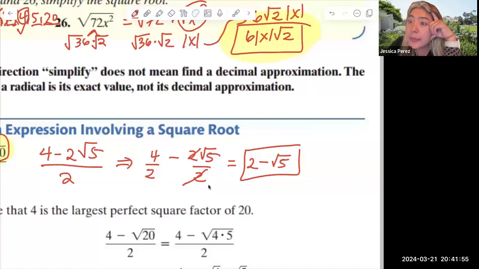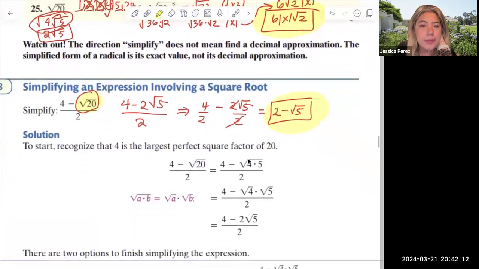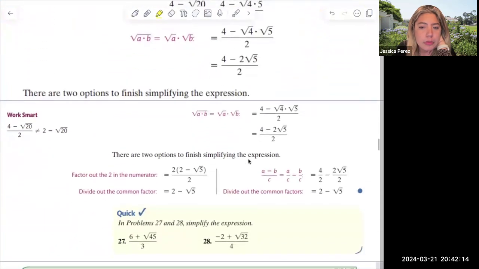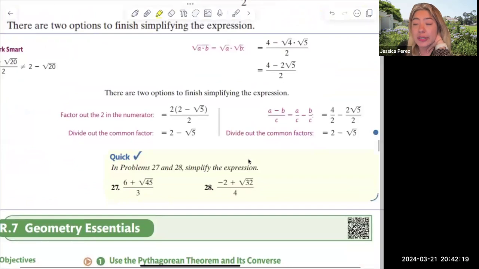You have a 2 on the top and 2 on the bottom, they cancel. 4 over 2 is 2. So that's going to be my answer. Any questions on this one? So we're going to do that, and then we're going to move to R7.